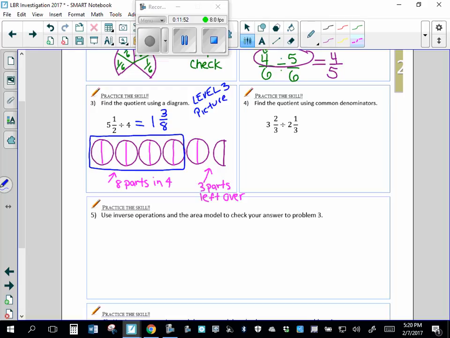And we're going to wrap up with this last problem. Find the quotient using common denominators. So step 1, find a common denominator, is done. Step 2, change to improper. So that's 9 plus 2 is 11.